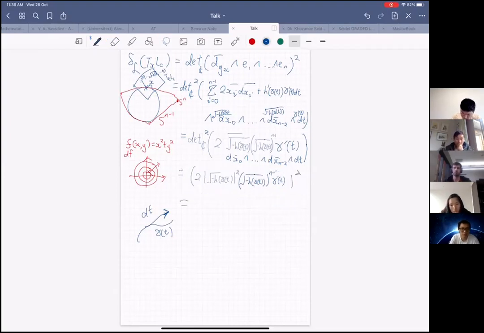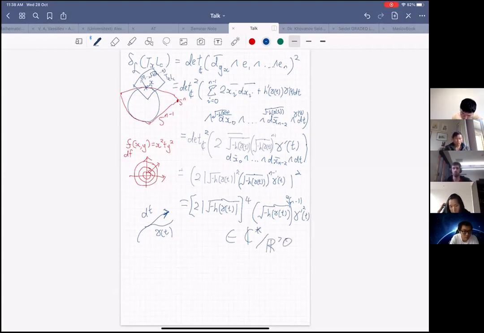And then what do I get? I get a scalar multiplied with this part here: square root h delta t of n minus 1 squared, gamma prime t squared. Note that this number is defined to be in C star cross R 0.